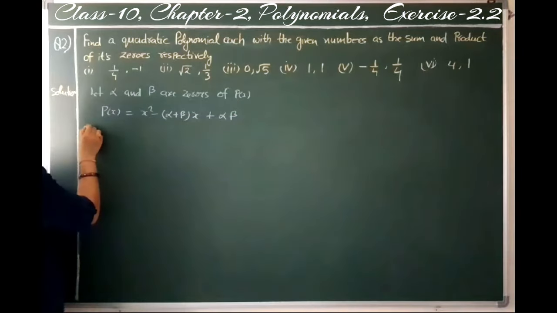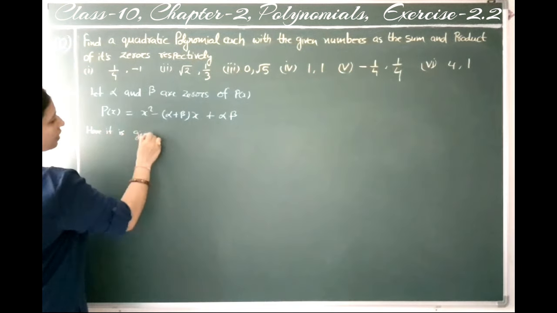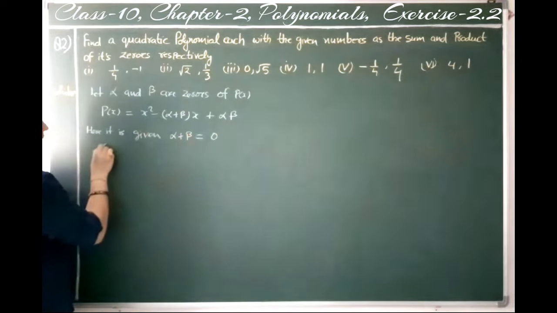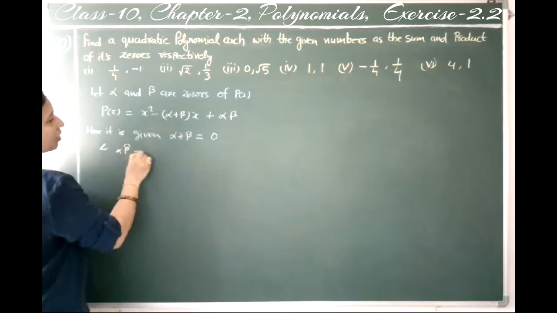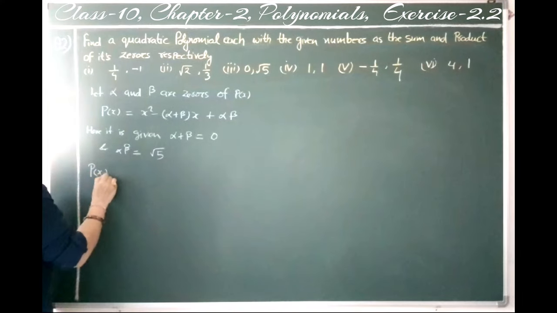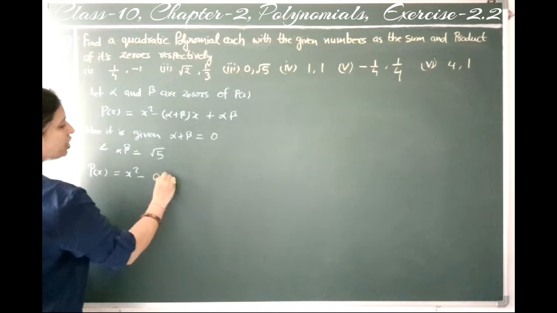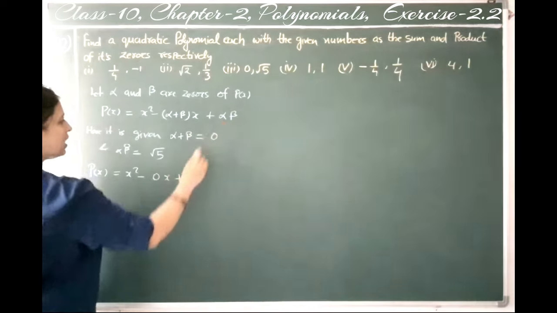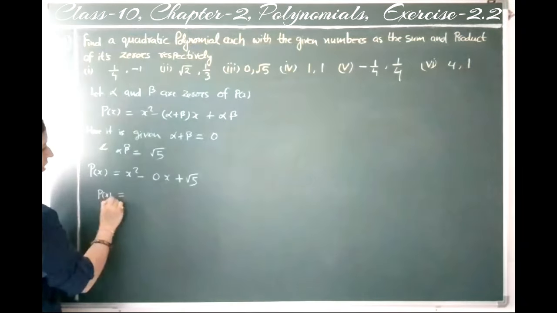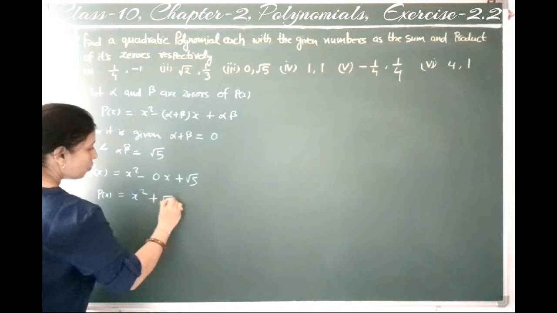And here it is given, alpha plus beta is equal to 0 and alpha beta is given as root 5. So we can write p(x) = x² - 0 into x + root 5. So we get p(x) = x², 0 into x is 0, plus root 5.